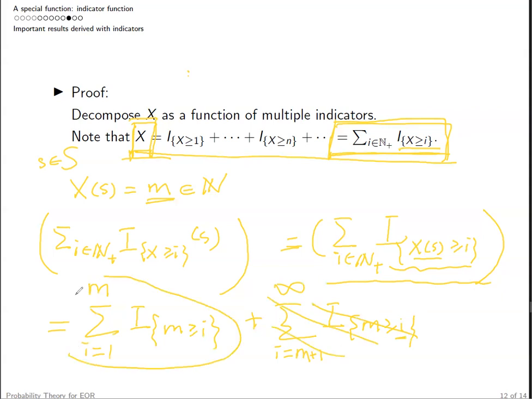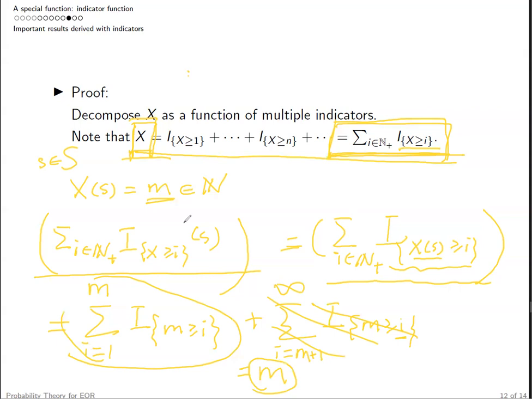And how many ones here? Exactly m ones. So indeed, the right-hand side also maps s to the value m.